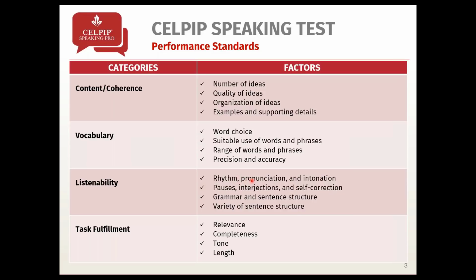You don't want to use a lot of interjections, and these are words or sounds we make when we're thinking, like, gee, all those kinds of sounds. So a few of those is okay, but a lot, not a good idea. Also, if you know you have made a mistake, by all means, go back and correct it right away. That's a good thing to do. But again, you don't want your whole answer to be a series of self-corrections.